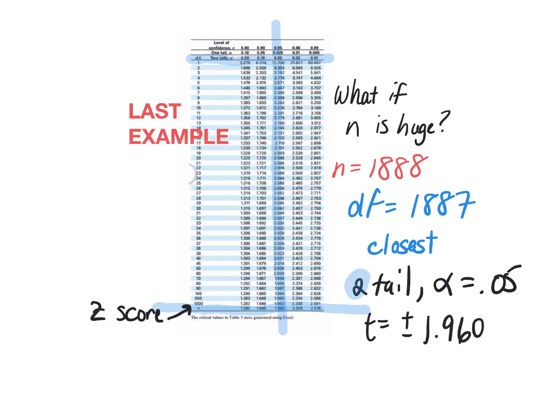If you have a huge number, it mimics the z-score, as in pretending that sigma is known.